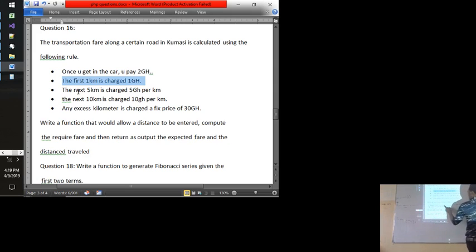Now, up to here, it's not reaching here. 15, so he's somewhere here. From here to here is how many kilometers? 10. So that means he's covering 9. So 9 times 10, and that would be 90. So this is how much he will pay.